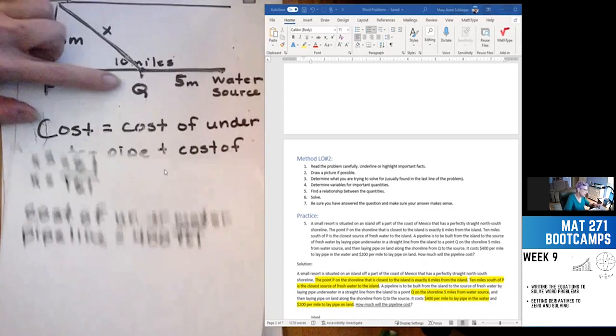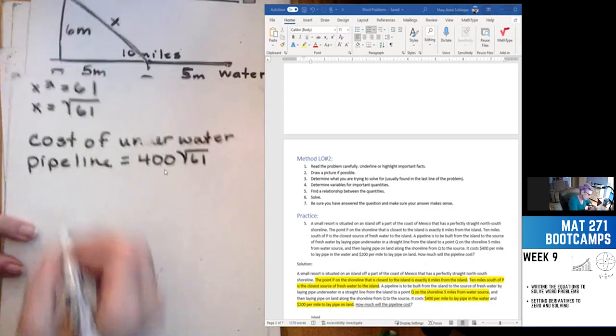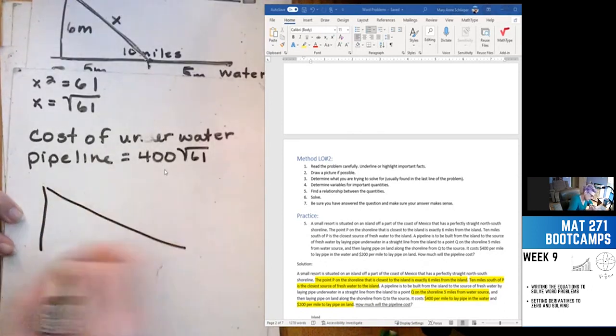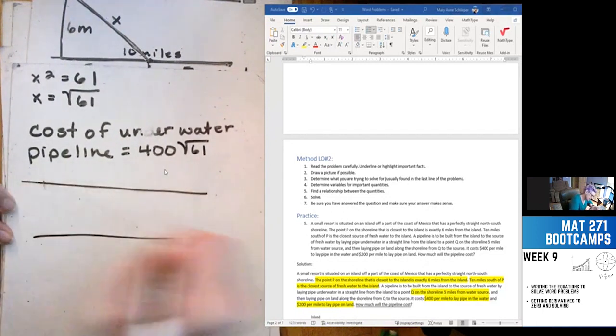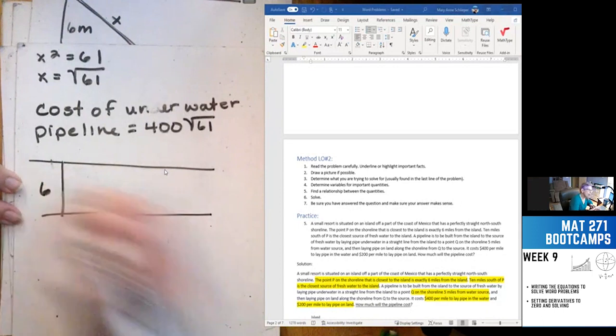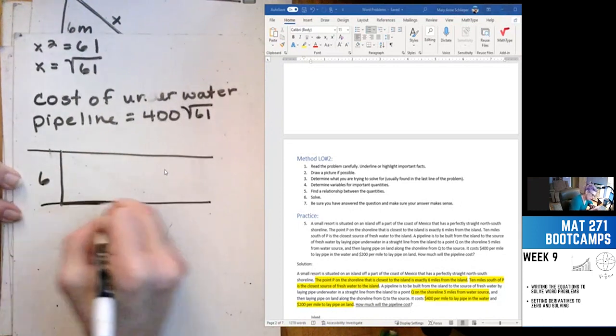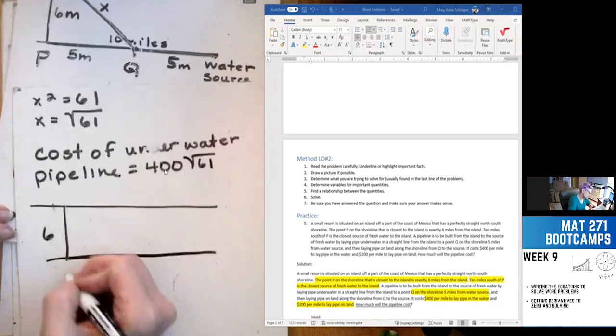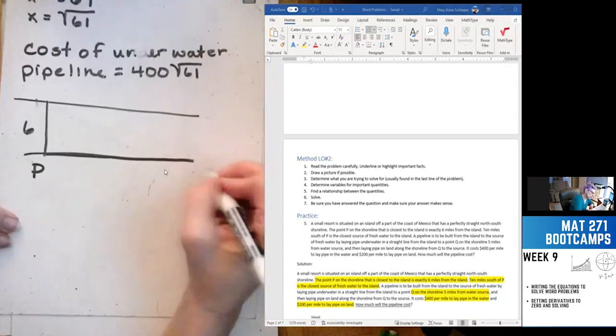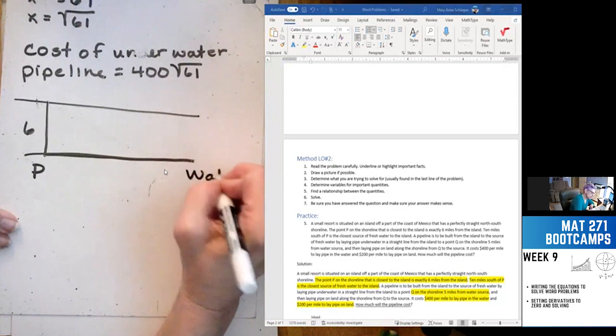So instead of being given, let's see, let me do a little quick sketch here. You'll know how wide the river is. You'll know what this distance from crossing the river, point P, to the water source is.